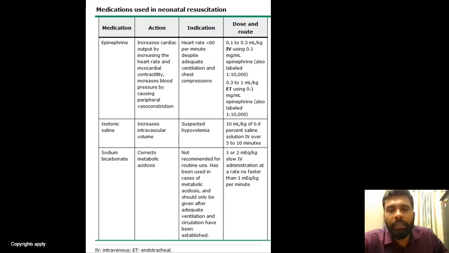That is the catch there. And the dose is actually 0.1 to 0.3 ml per kg intravenously of 1 in 10,000 solution. But now with the recent NRP, the 2020 neonatal resuscitation protocol, there is a change for convenience, taken as a fixed value of 0.2 ml per kg of 1 in 10,000 solution.